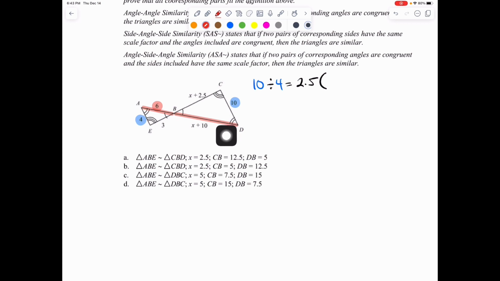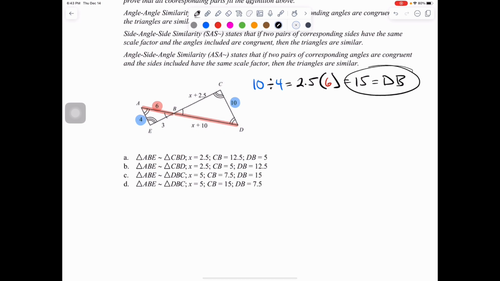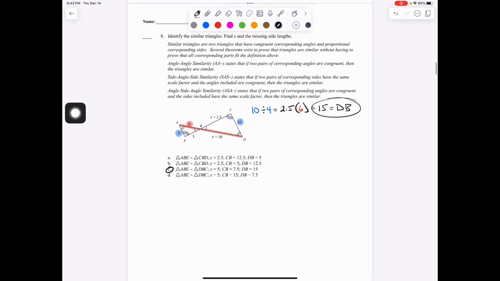Angle D has 2 arches, goes to B with 1. Now let's multiply 2.5 times 6, which equals 15, which equals DB. If we find DB equals 5, DB equals 12.5, DB equals 15, go ahead and circle C as your answer. Move on to the next one.